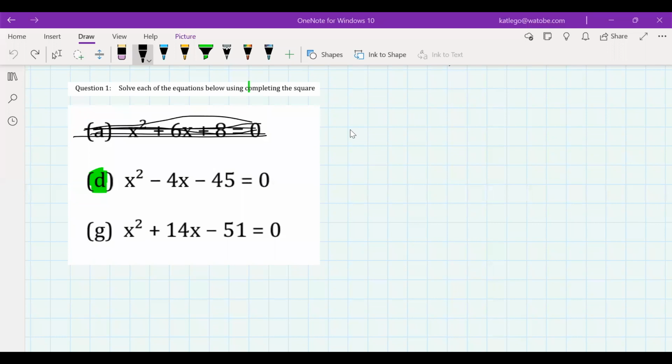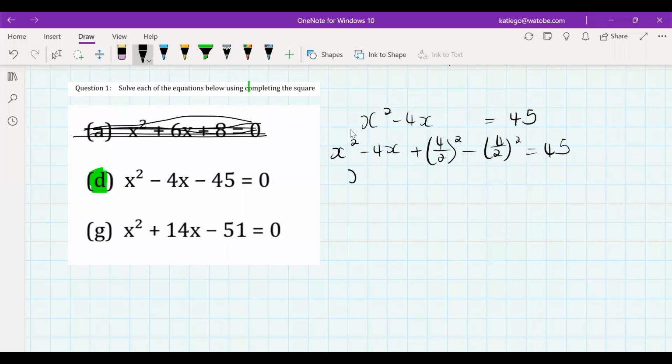Let's complete the square. Okay, we have x squared minus 4x, and I'm getting rid of the 45 to the other side, equals 45, right? And then plus 4 over 2 squared minus 4 over 2 squared equals 45.